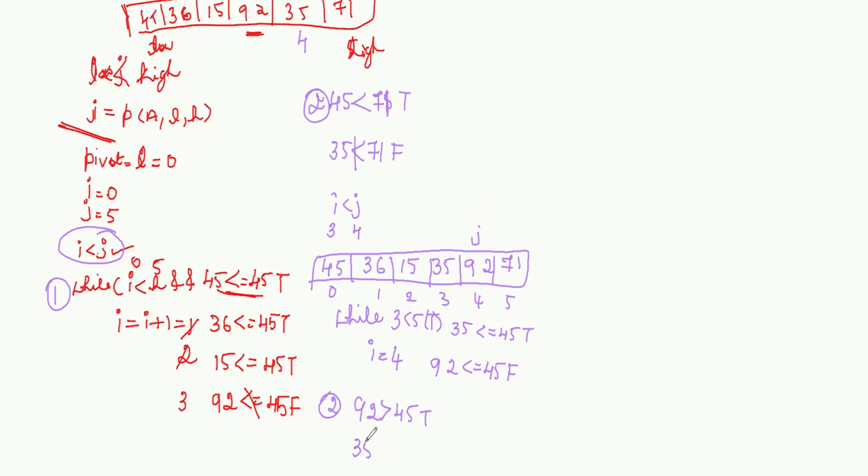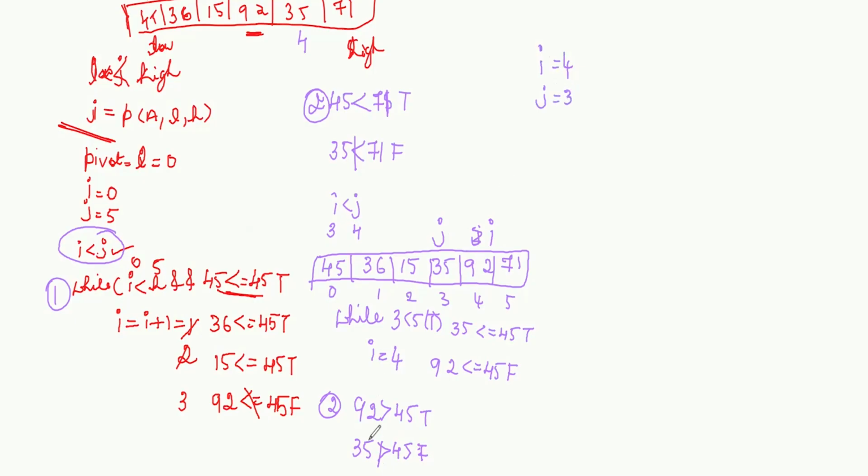So I'm going to come to 35 and check if it is greater than 45, and it is not true, it is false, hence I'm going to stop, which means my j is over here. J is at 3 and my I is at 4. Remember, now our new I value is 4 and our j value is 3.